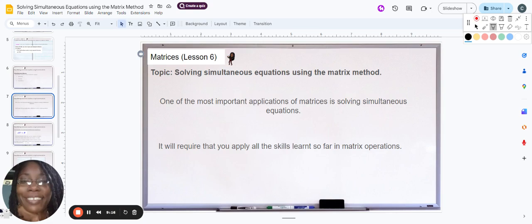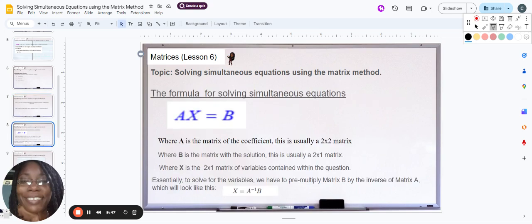Do you know that all of those skills that you have learned will be tested when solving simultaneous equations using the matrix method? So all of those skills are going to be incorporated in this particular objective. All right. So it's going to require all those skills, and that is why the lessons were built up to this point. So how do we solve them?